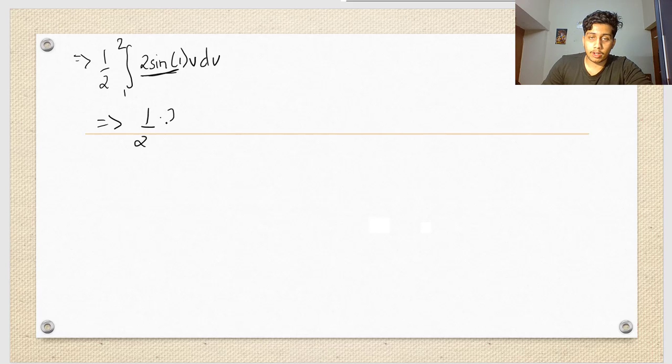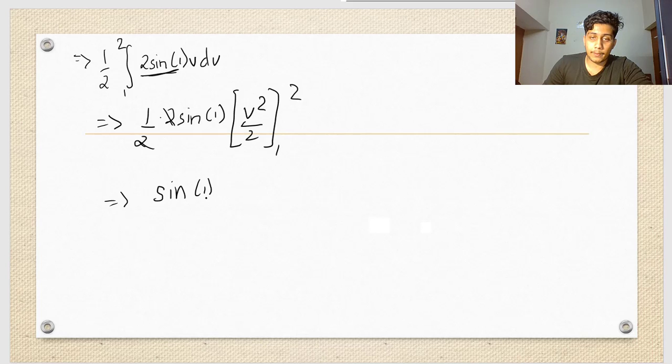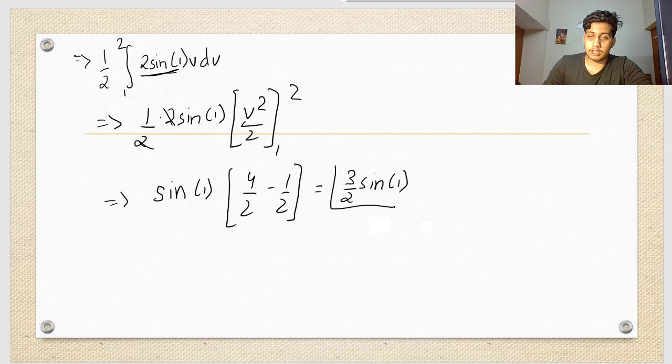The integration will look like 2 sine 1 times v square by 2 ranging from 1 to 2, and the 2 will cancel out, and it will look like sine 1 times (4 by 2 minus 1 by 2), which equals 3 by 2 sine 1. So this is the answer to the question given to us.